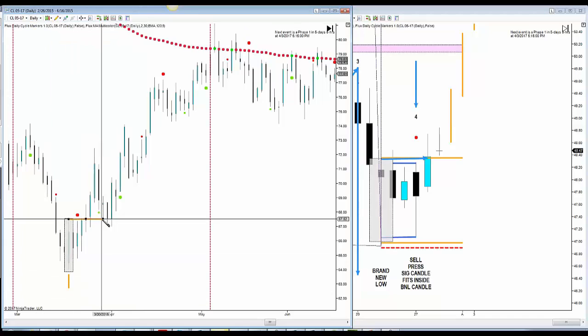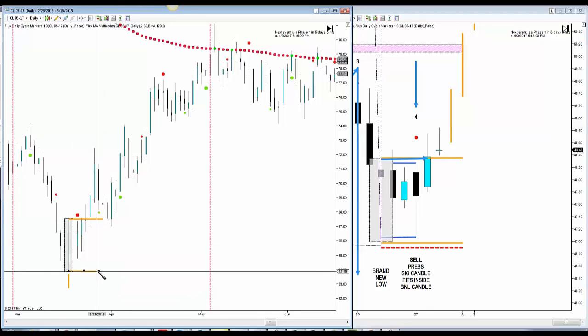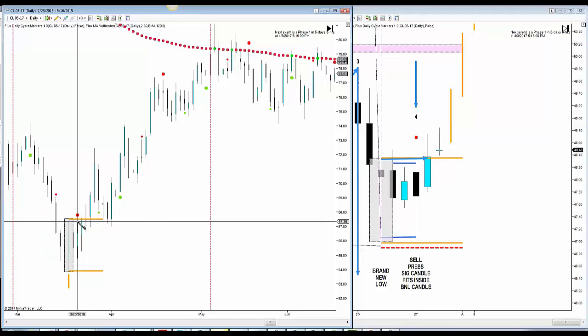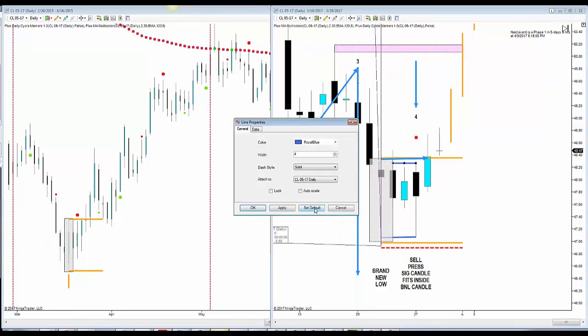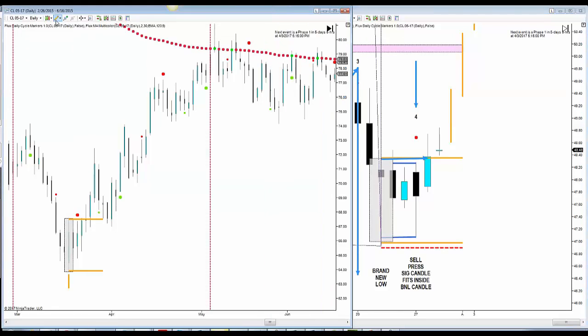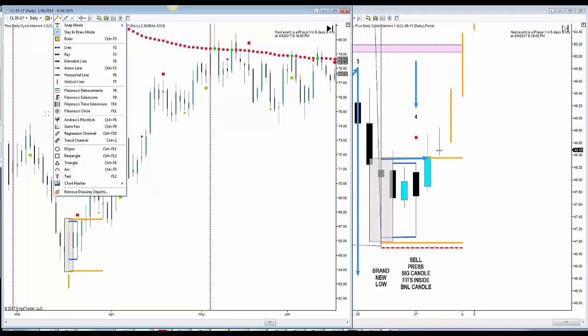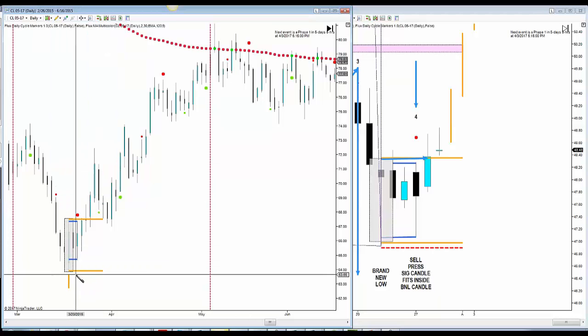There's the height of the building, Derek, and there's the base of the building. Does this signal fit inside of the brand new low, high and low?